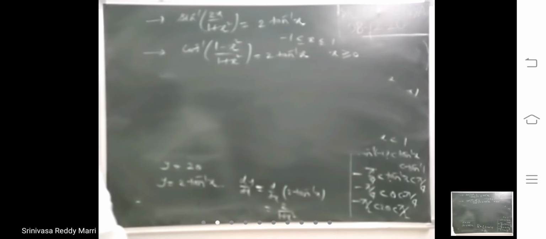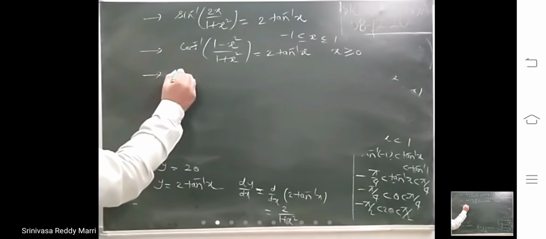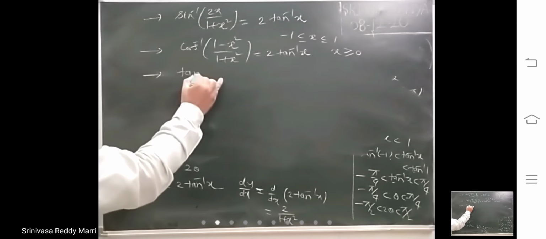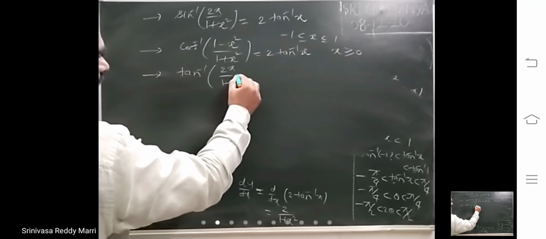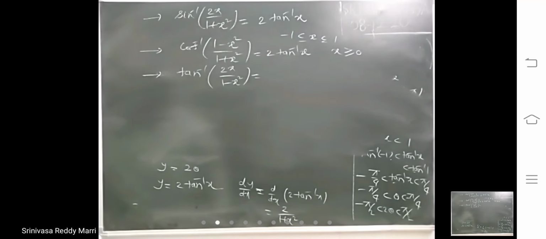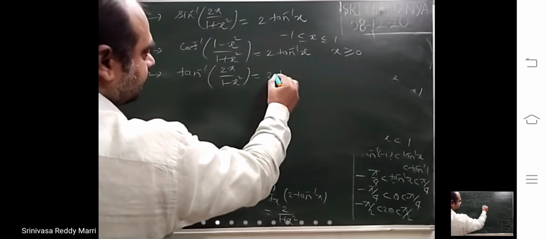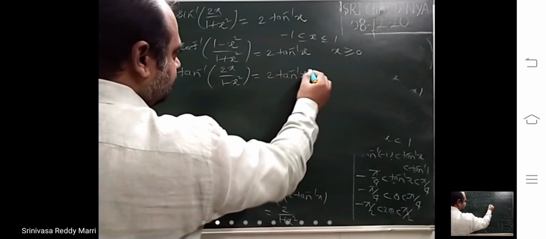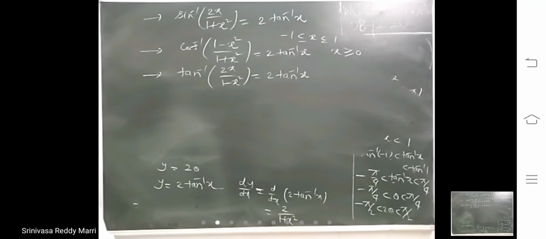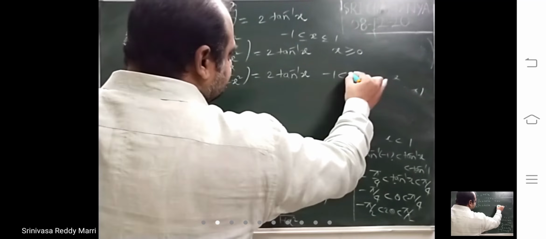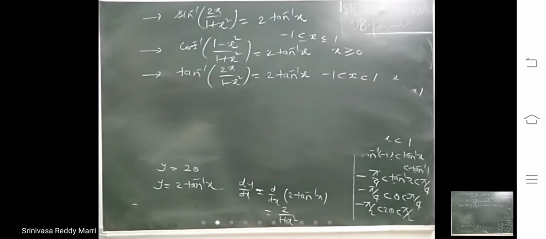These are the principal value intervals. Tan inverse of 2x by 1 minus x square equals 2 tan inverse x when x lies in the interval minus 1 to 1. These three formulas you remember.